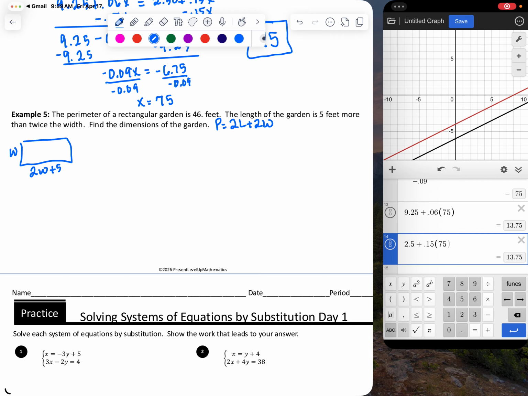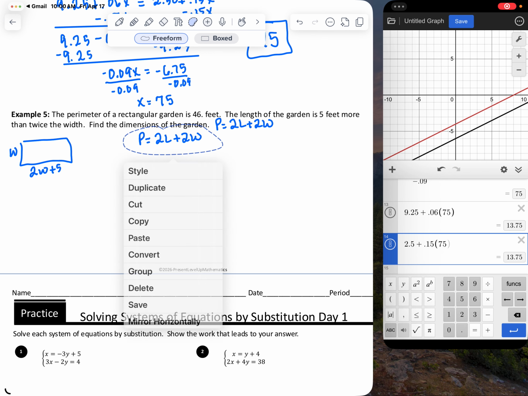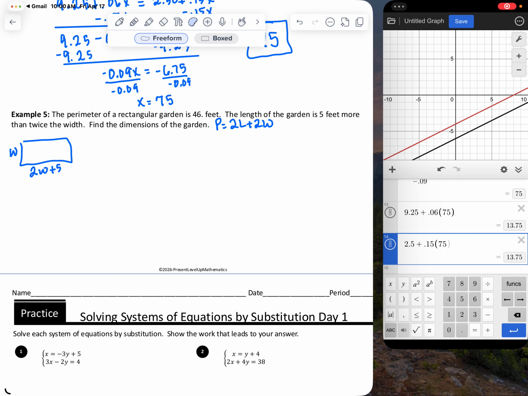Now, to write this as a system of equations, my first equation would be P equals 2L plus 2W. My second equation, oh, excuse me, they told me what the perimeter was. Let me erase that. Let me go back and highlight the information that I should have.